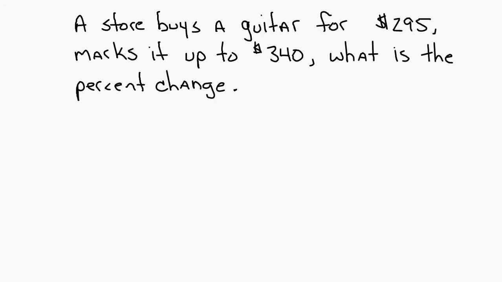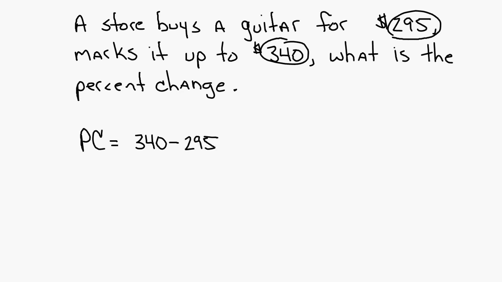All right, so your percent of change is equal to your amount of change. So you take larger, 340, minus smaller, which is 295. You divide it by the original, which in this case is $295. So amount of change divided by original amount.